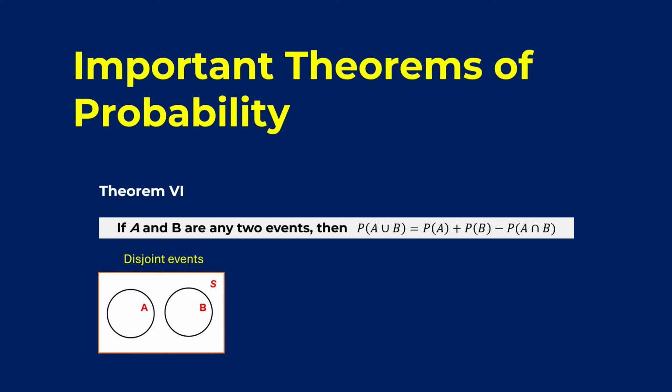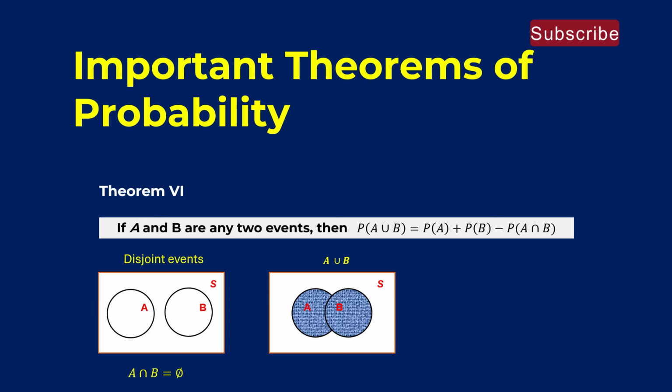For these events, A intersection B is an empty set, and we get the same result as described in axiom 3. However, when the events are not disjoint or mutually exclusive, then A intersection B is not equal to an empty set, and we need to adjust for the overcounting of the probability of A intersection B.